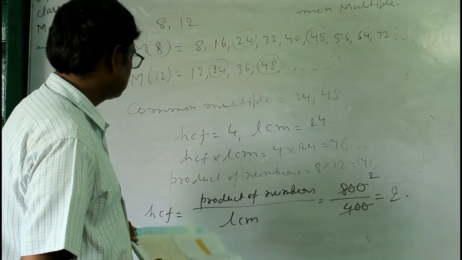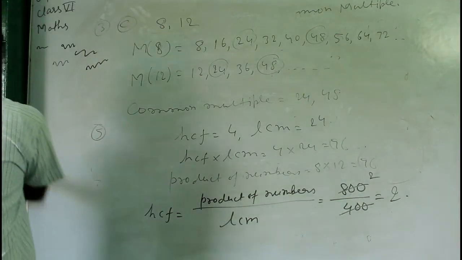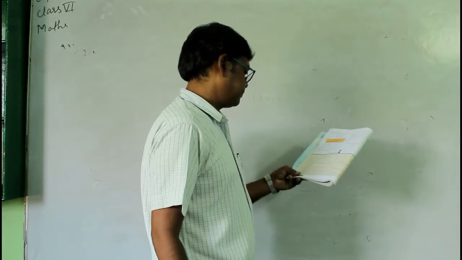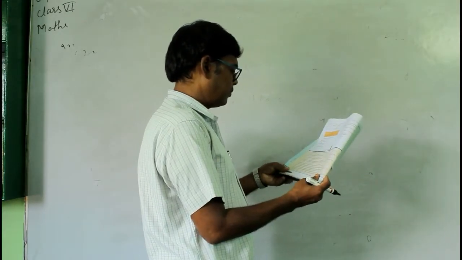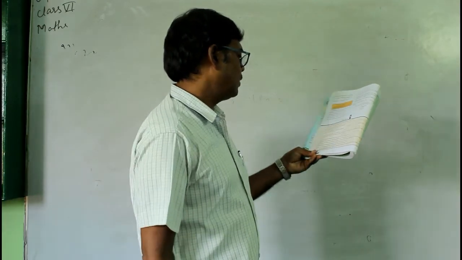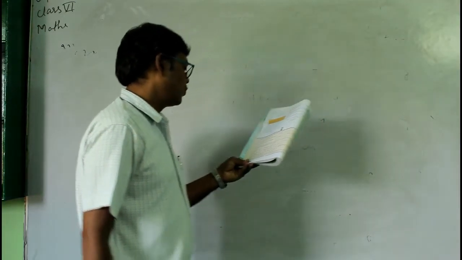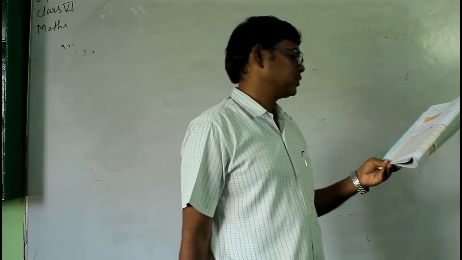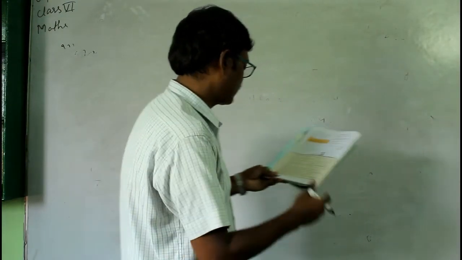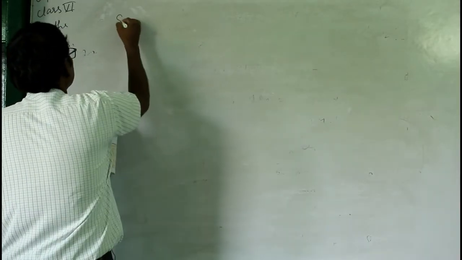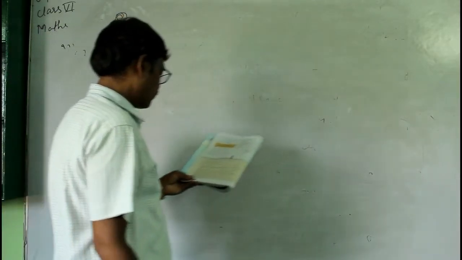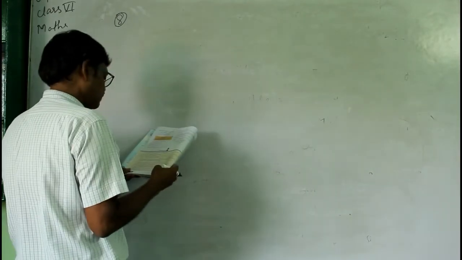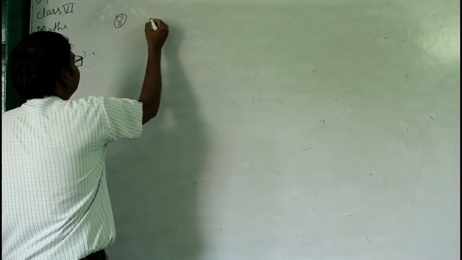Okay, so you must learn the formula. Now question number 8. Find the smallest 4-digit number that is exactly divisible by 36, 40 and 45. We have to find the smallest 4-digit number.